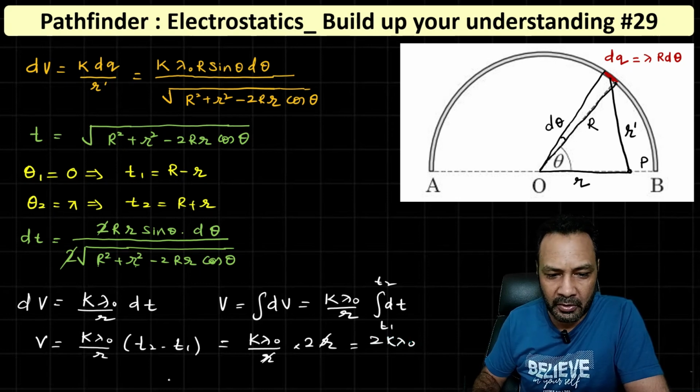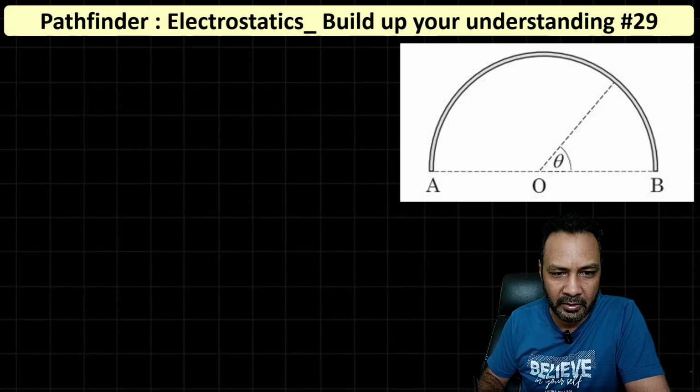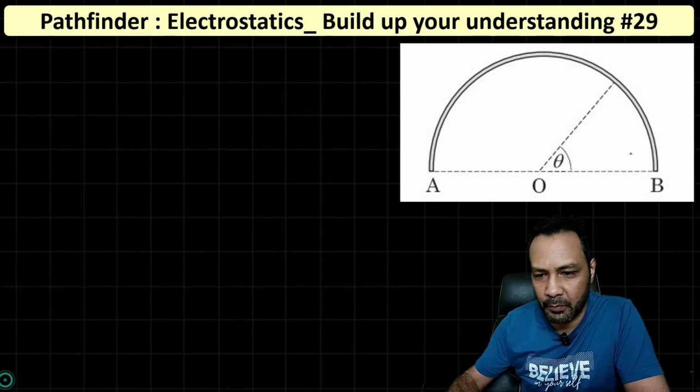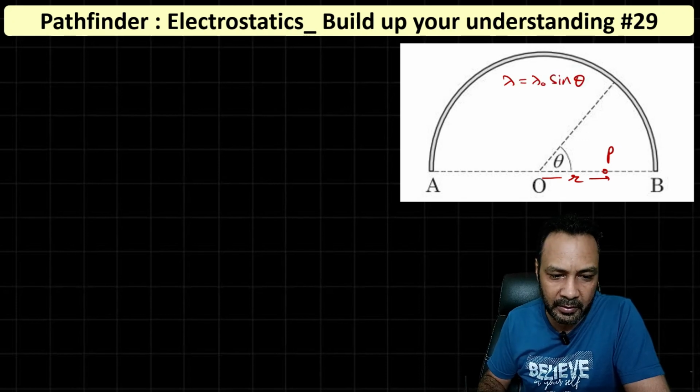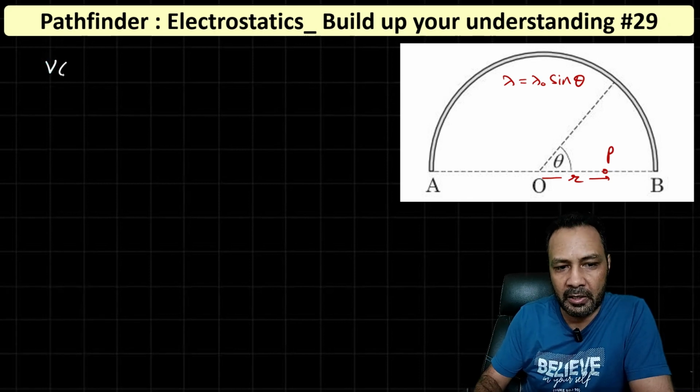So it means the potential that I've got, let me go to the next page, here at any general point P, at a distance r, lambda was lambda naught sin theta, this is coming. If the lambda is lambda naught sin theta, it will not come for any lambda. So potential at that position r, I've got 2k lambda naught.